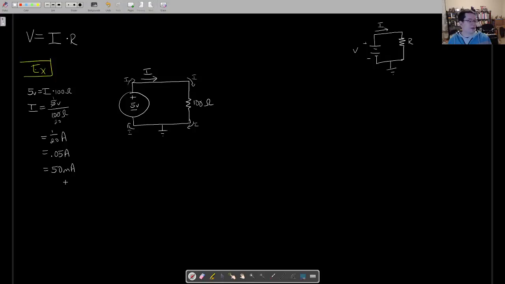Which is all well and good, but you're probably looking at that number going, what in the world? What does 50 milliamps even mean? I don't know what that relates to. So let's do another example. Your wall current, or your wall power, is 120 volts. So if you plug a lamp, can I draw please? Plug a lamp into the wall.